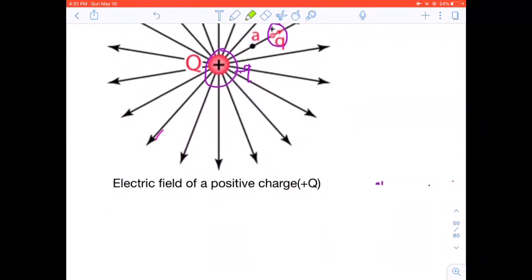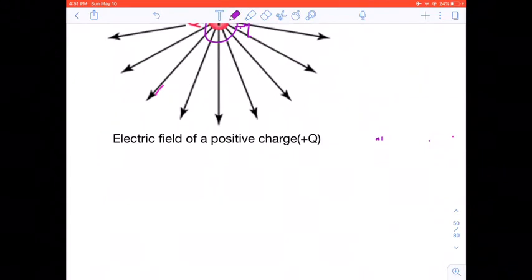Okay, so now if we look at this here, and let's say for instance I have Q, right, positive, and let's say we fix it. Say Q is fixed, and it's fixed here.